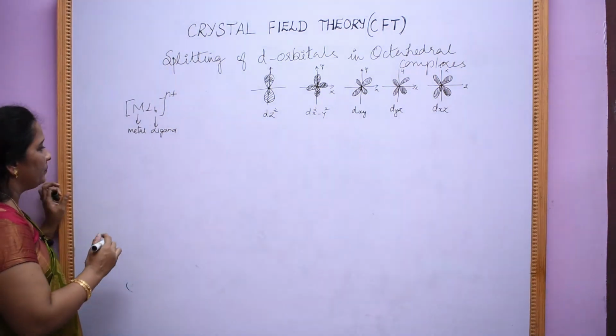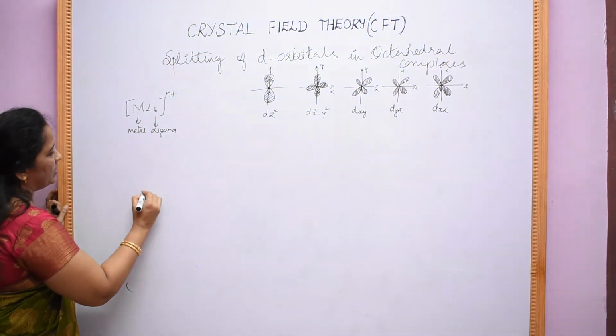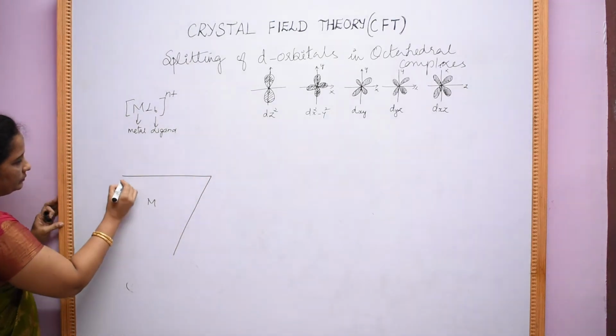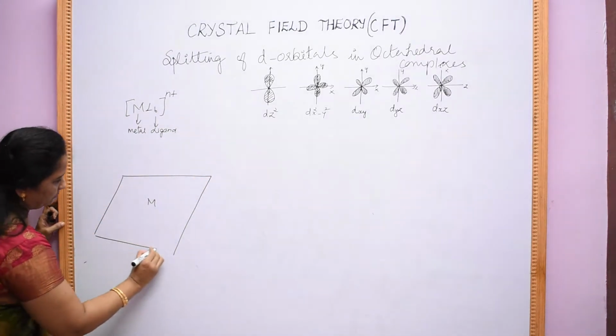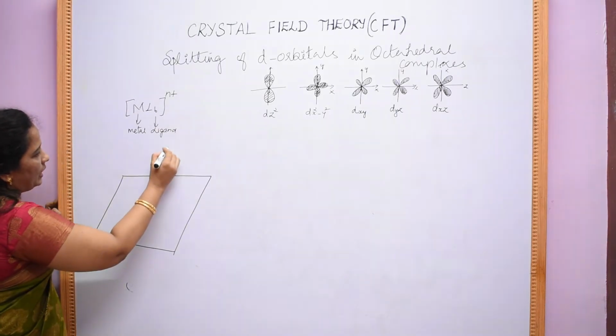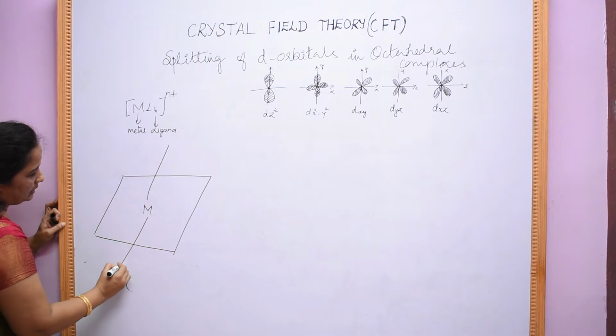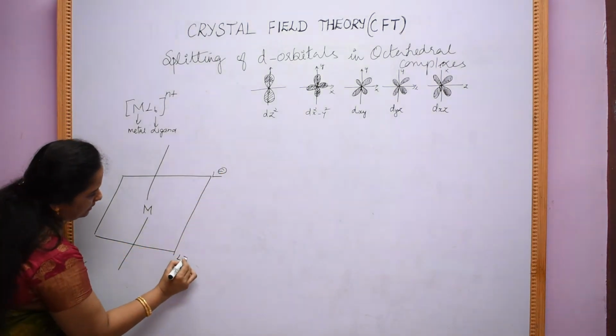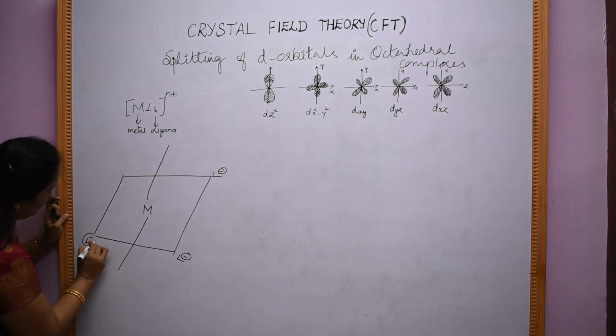So let us draw the structural representation of the octahedral complex. And we have 6 ligands at the 6 corners of the regular octahedron.